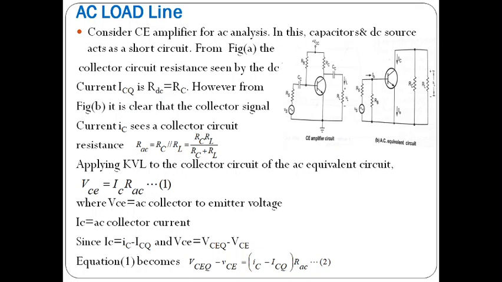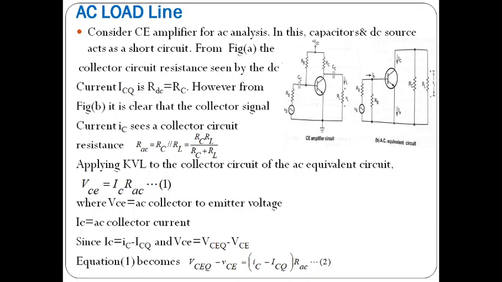However, from figure B, it is clear that the collector signal current IC sees an AC resistance, which is RC in parallel with the RL load resistor. So it is RC RL by RC plus RL.